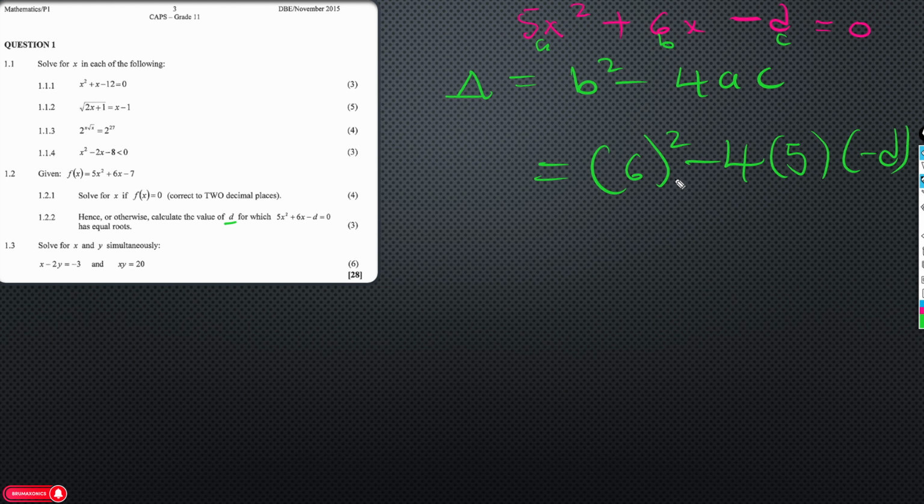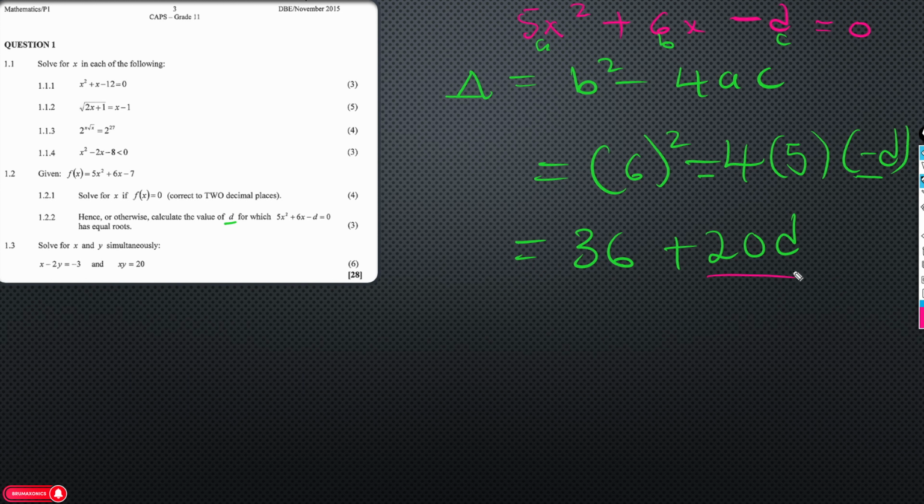So as it is, we can just say that this is equal to, and then we can use the 6 times 6 will give us 36, and then negative times negative will give us positive. 4 times this will give us positive 20, right?